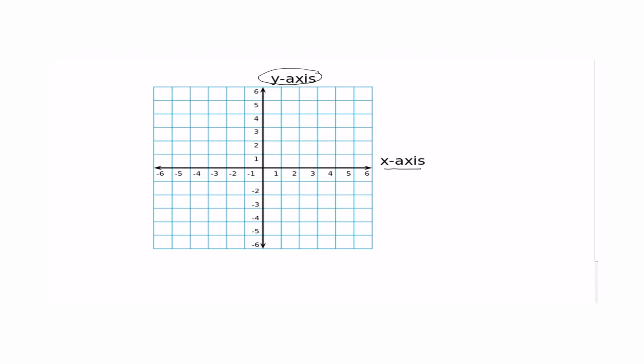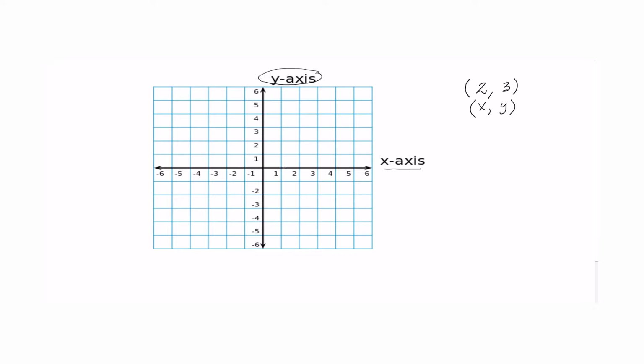Now, suppose we are trying to find some points on our coordinate system, so let's come up with an ordered pair. An ordered pair would be where we write the x value first and we write the y value second. So the ordered pair 2, 3 simply means that the x value is 2 and the y value is 3.